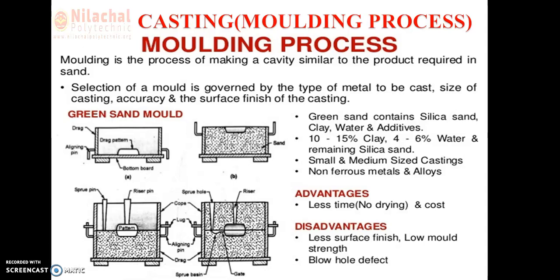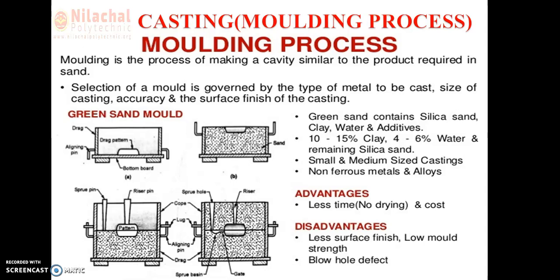The mold is dried by means of a stove placed in the pit. Cope and drag are then assembled. A crane may be used for lifting and positioning the cope over the drag in pit molding. The cope can be clamped in position. Now the mold is ready for being poured.